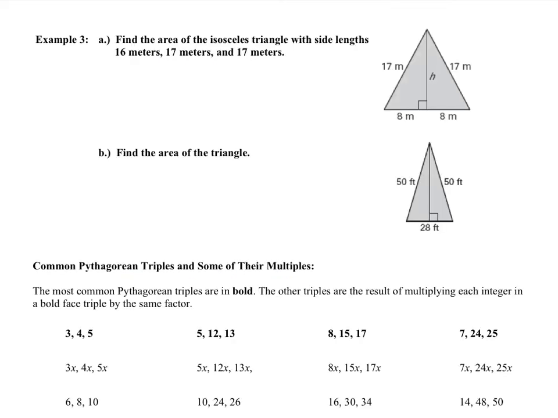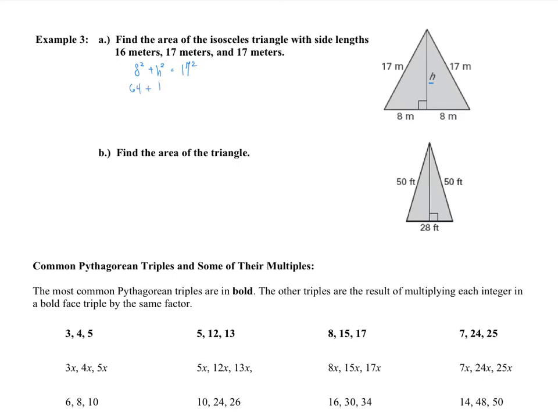Example 3. Part A. Find the area of the isosceles triangle with side lengths 16 meters, 17 meters, and 17 meters. Alright, so first of all, we need to find h. We can set up the equation as 8 squared plus h squared equal to 17 squared according to the Pythagorean theorem.